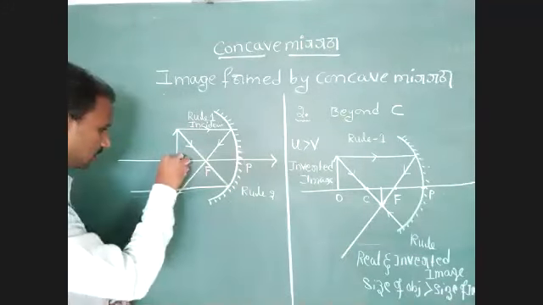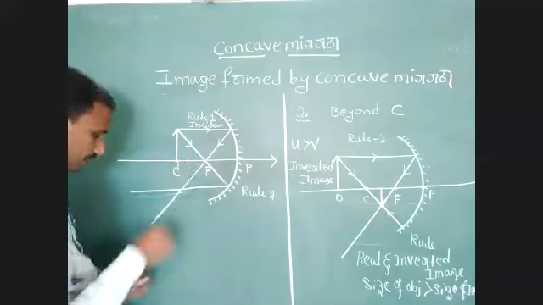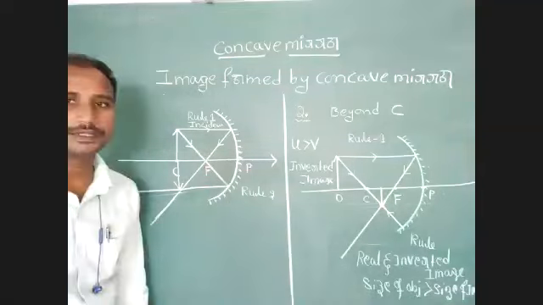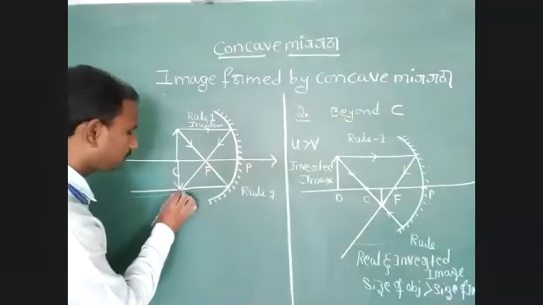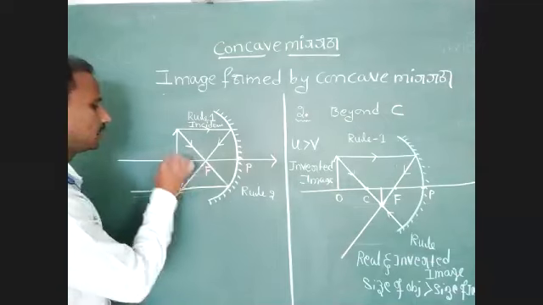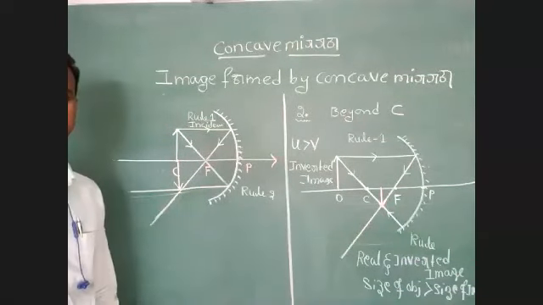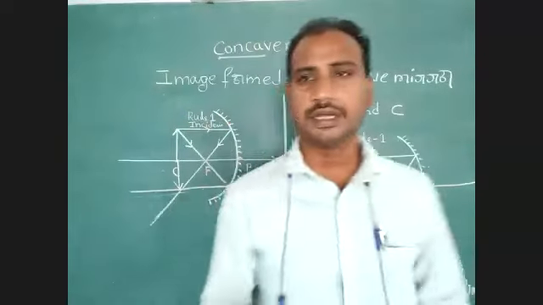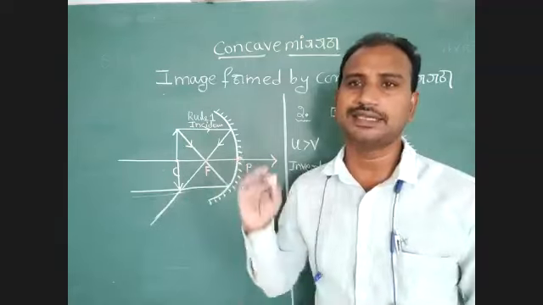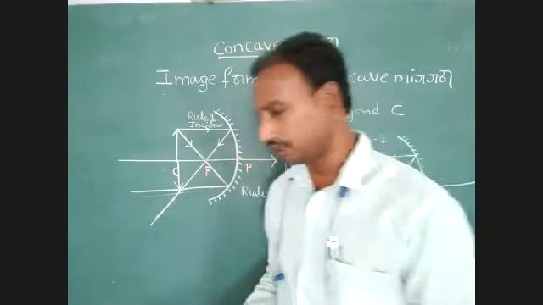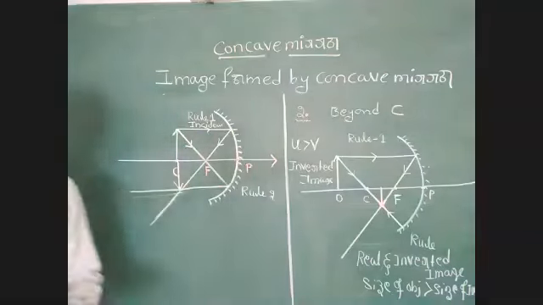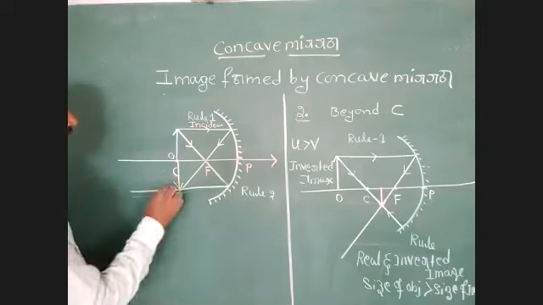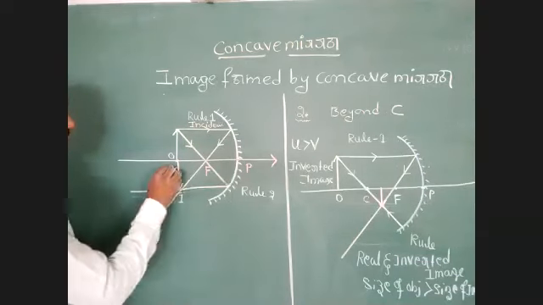Now draw. Here the intersection point represents the image formation point. That image formation point is exactly on the center of curvature. Here the position of the object and the position of the image are the same.